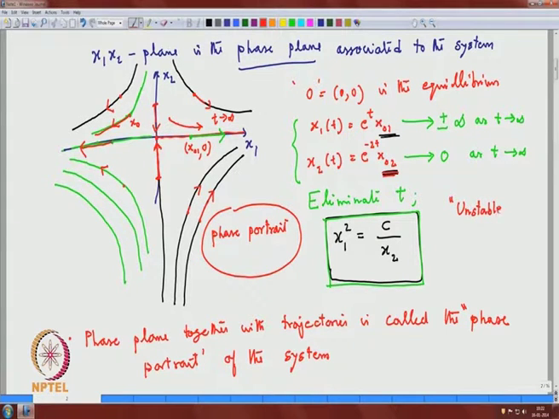However close you start, it will eventually move away from that unstable equilibrium point. There are different types of stable and unstable equilibria, and this is something like a saddle. A trajectory is moving, and it is called a saddle point actually. This equilibrium is a saddle point.